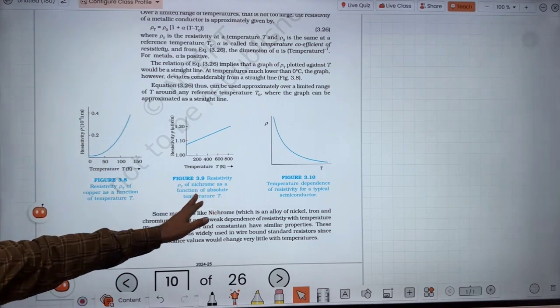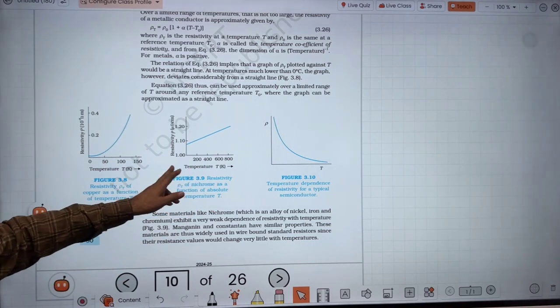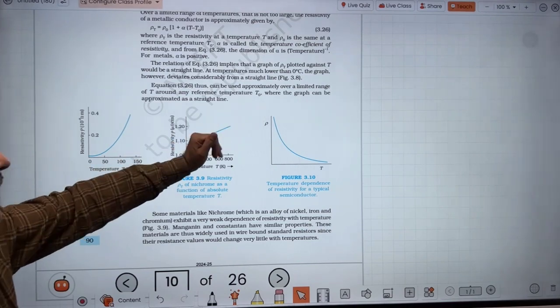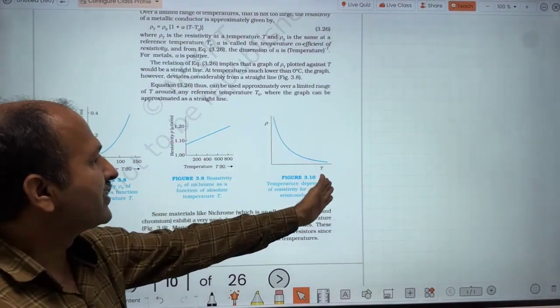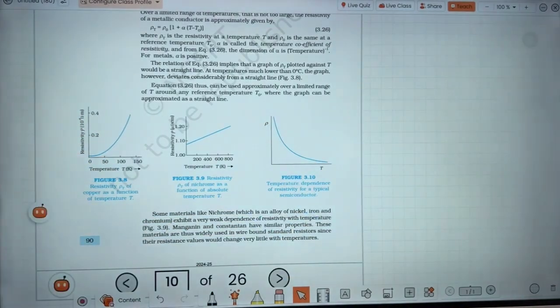Here also, in case of nichrome, the graph between resistivity and temperature is like this. In case of a semiconductor, resistivity decreases with temperature. So here one important term comes into play, that is the temperature coefficient of resistivity.